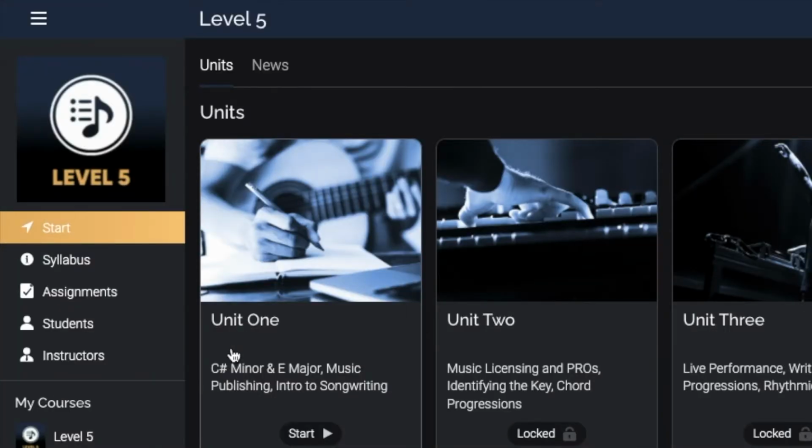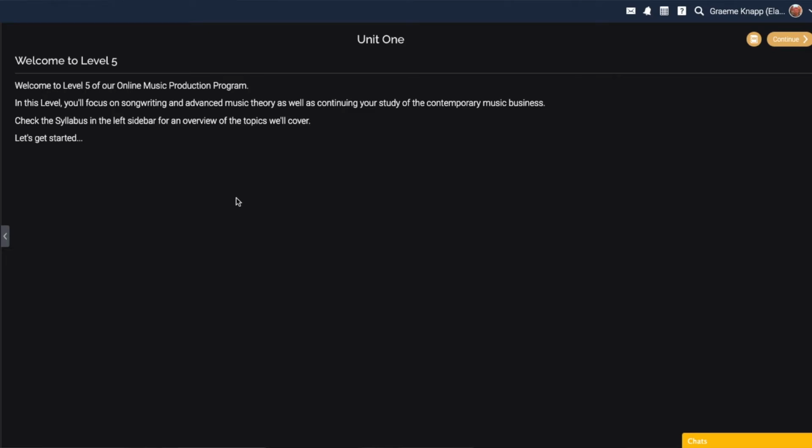Let's get into Unit 1 of Level 5. Unit 1: C# minor and E major, music publishing, intro to songwriting. Welcome to level 5 of our online music production program. In this level, you'll focus on songwriting and advanced music theory, as well as continuing your study of the contemporary music business.